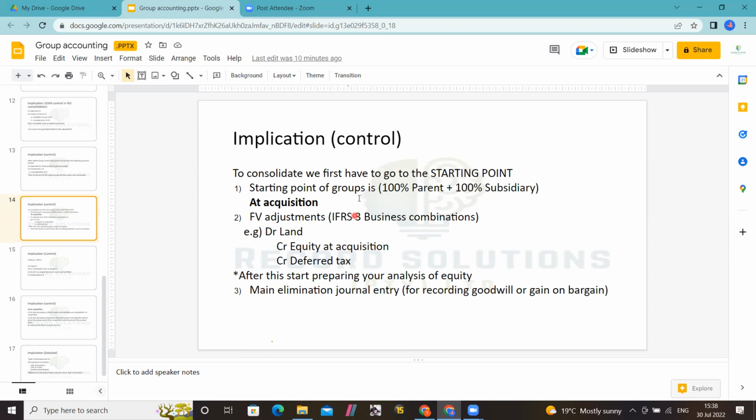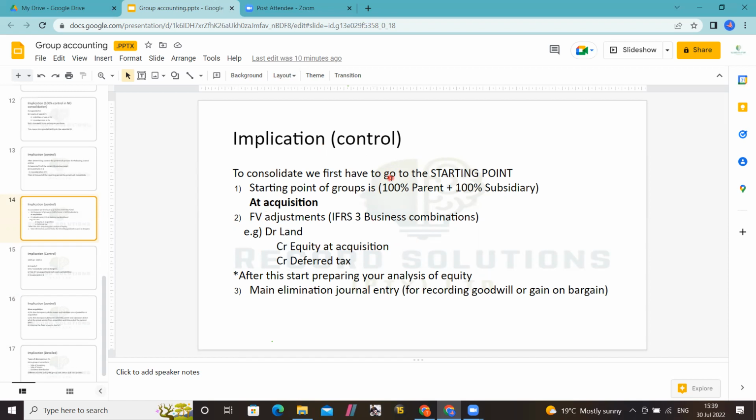Because the actual value of the PPE is 100,000, not 80,000. So you have to recognize additional depreciation for that 20,000, right?